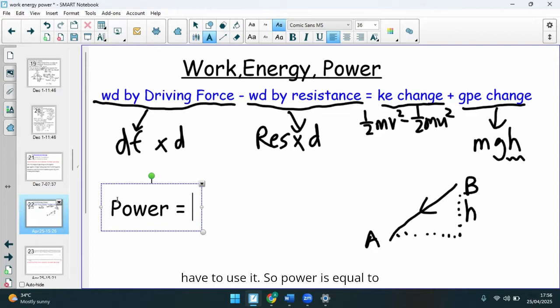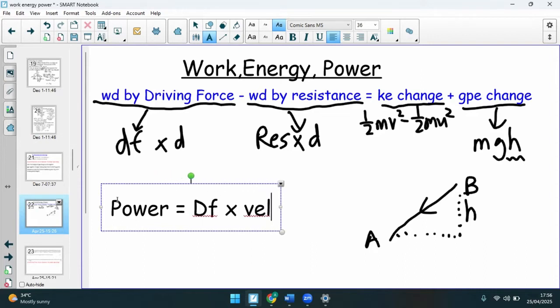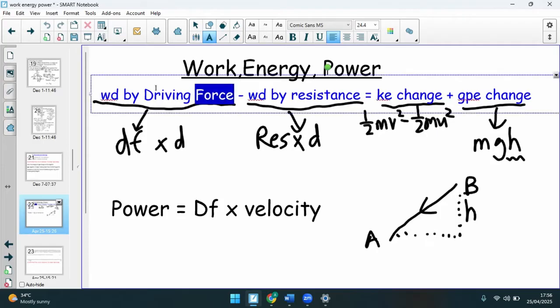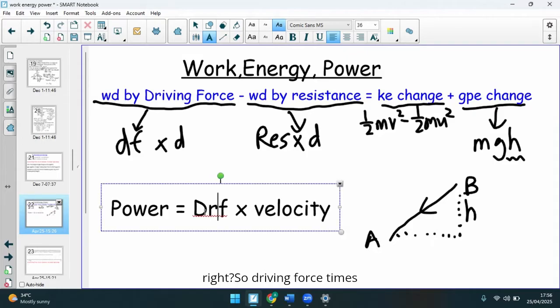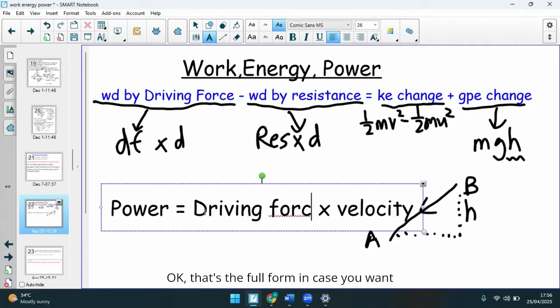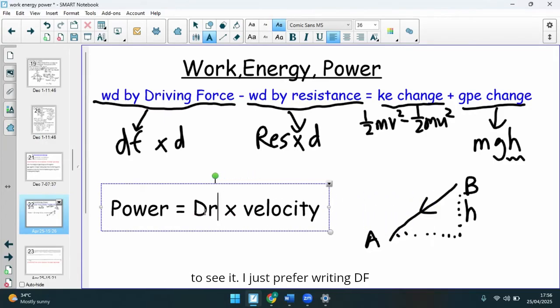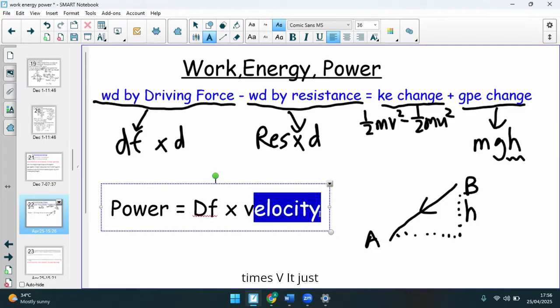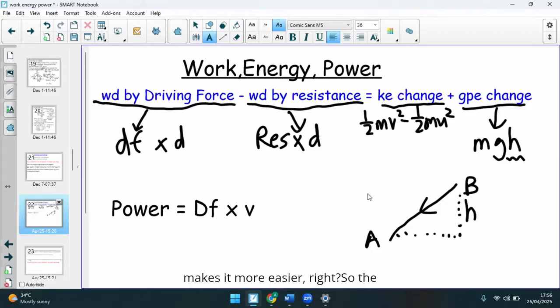So power is equal to driving force times velocity, right? dF is driving force, this one. Right? So driving force times velocity. Okay, that's the full form in case you want to see it. I just prefer writing dF times V. It just makes it easier.